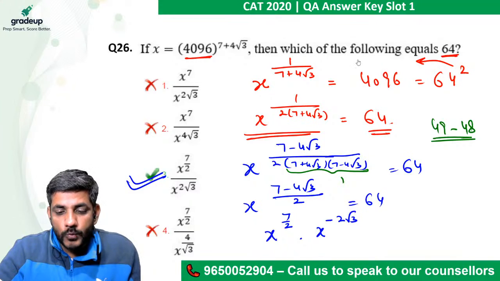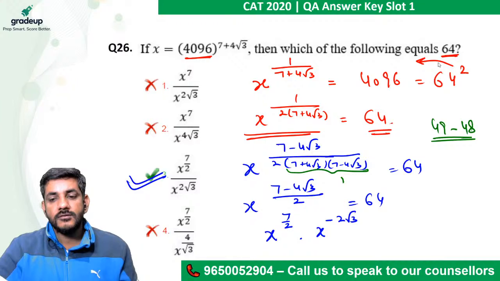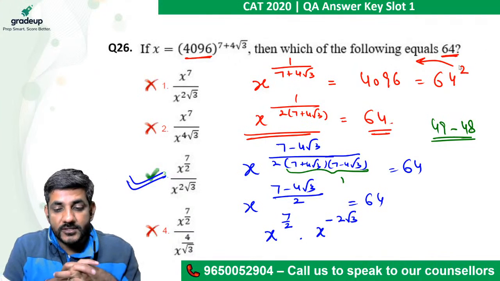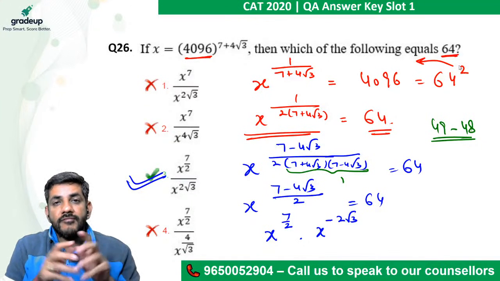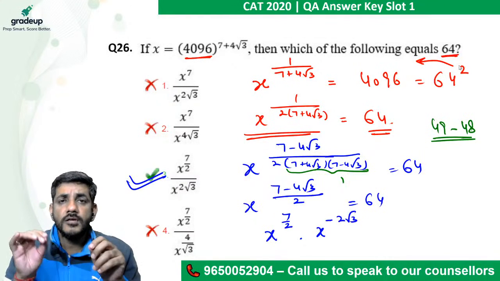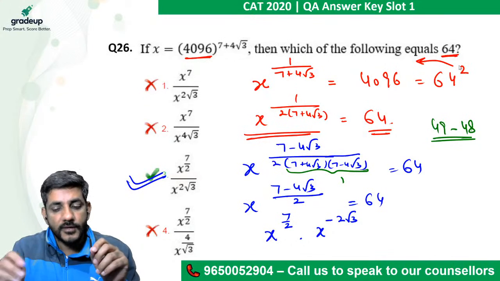So this was the 26th question for us from CAT slot 1 QA. We have discussed all 26 questions, and trust me, if I look at these questions, I find at least 15 questions were in the category of super easy. Go back, check your paper, you will also find them.